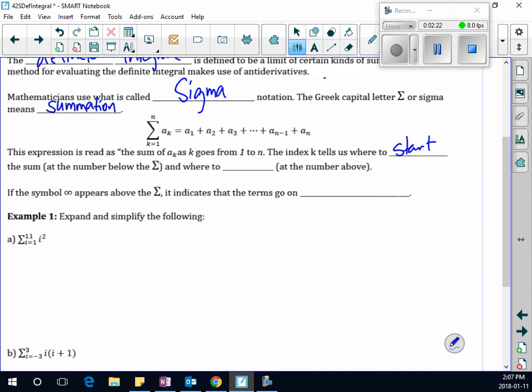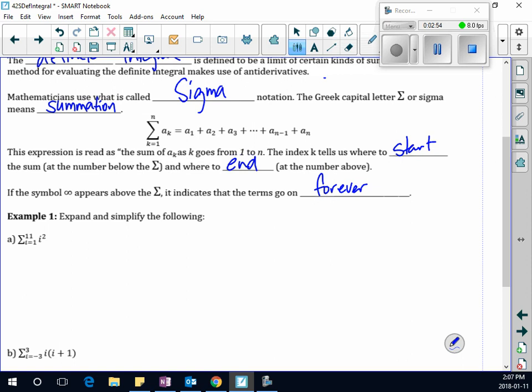Say it was going from 1 to 10, then you'd be subbing in 1, then 2, then 3, 4, all the way up to 10, and then you stop. If the symbol infinity appears above the sigma, it indicates that the terms go on forever. So that's an infinite sum.